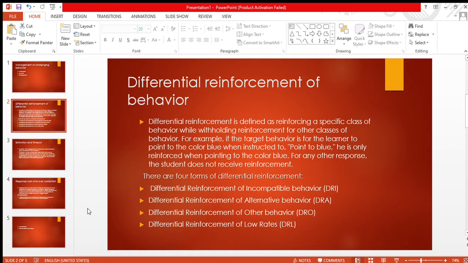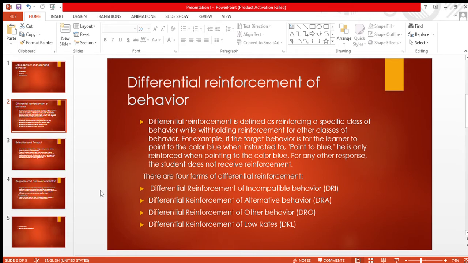We first put some target, and according to that we will reinforce. If the child is saying good morning, good afternoon, any greetings, hello, hi, more than the limit, we will not give the reinforcement. If it is within the limit, we will reinforce that behavior. This is how we do differential reinforcement of behavior.